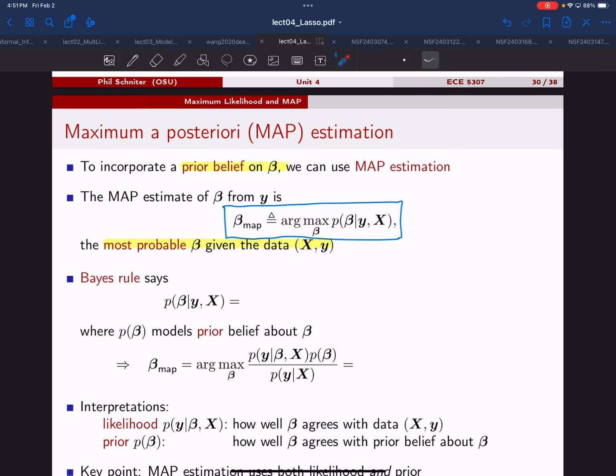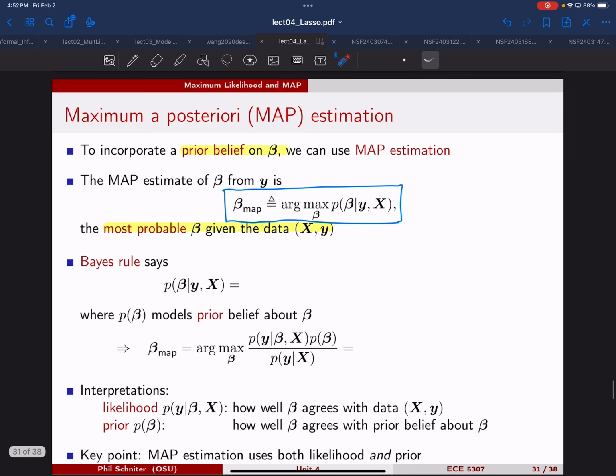It requires this information about beta, which we may or may not have. If we don't have it, we just can't do this. But if we do have it and we feel comfortable exploiting it, this can really help us. Okay, so any questions at the high level of MAP? Okay, so the key thing is now we have additional information about beta.